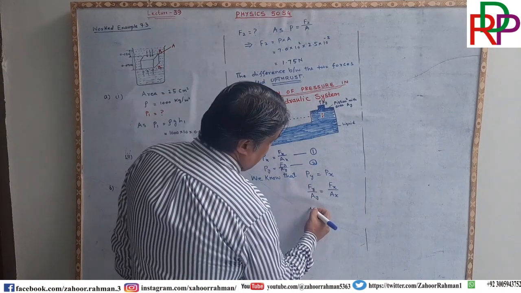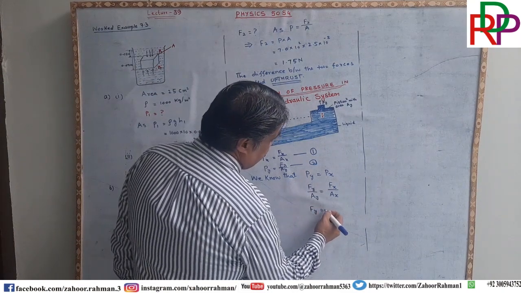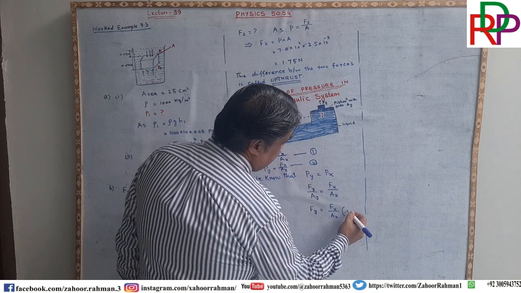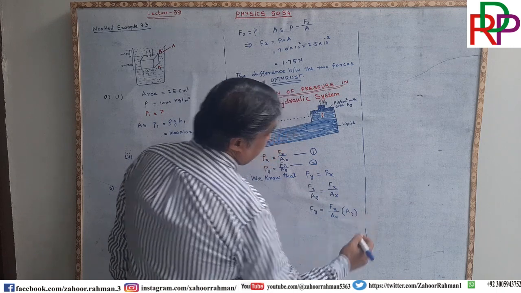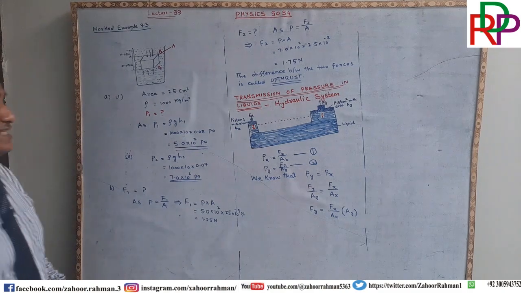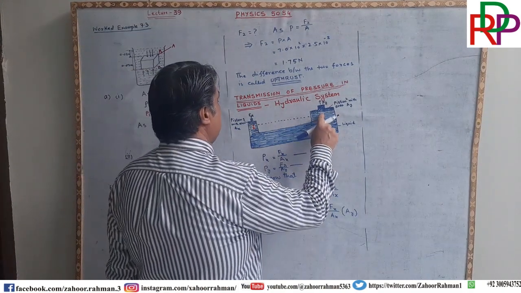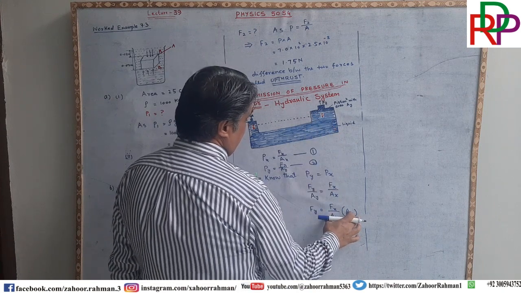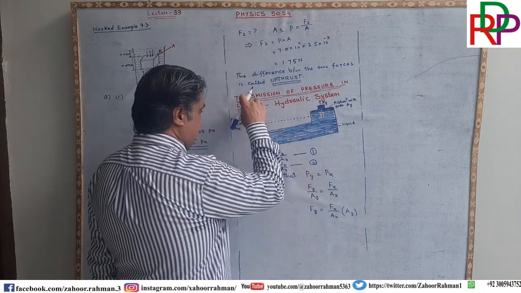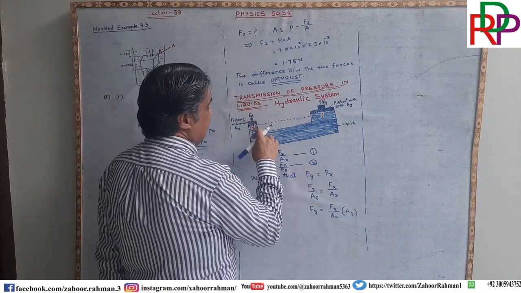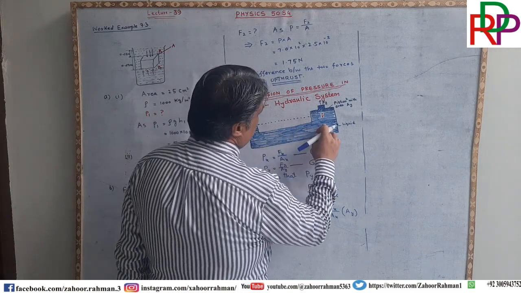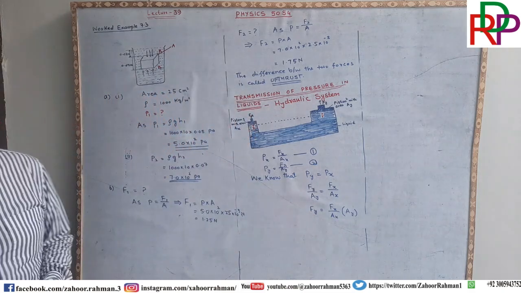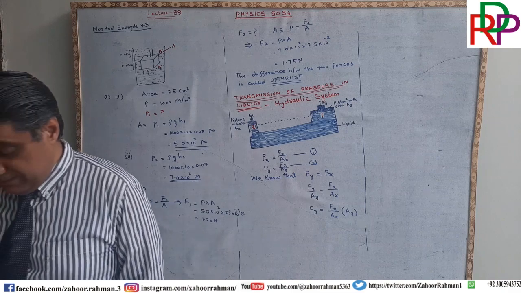Now, because we are finding F of Y, it is F of X divided by A of X, times A of Y. If we want to find the force applied by the liquid at point Y, this will be the equation. If we are applying a force at X here, then pressure will be transmitted, and at Y we will get a force.